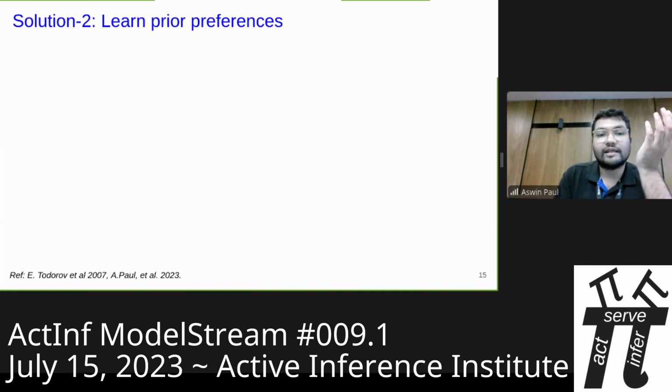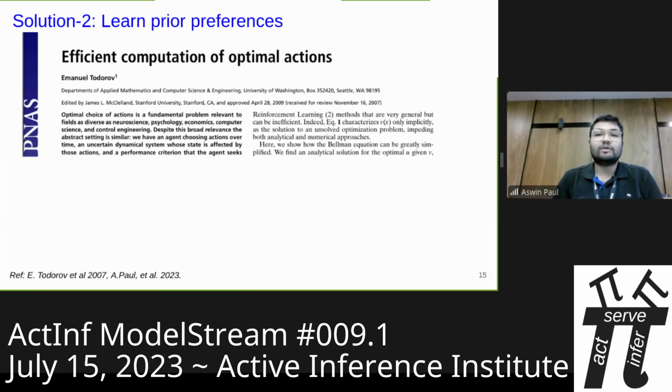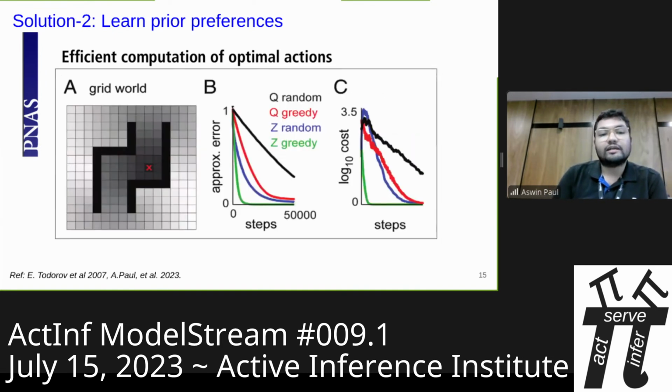But how do you learn it, right? So there is a seminal work from optimal control literature that talks about efficient computation of optimal actions. And in that work, there is a quantity similar to our prior preference, which is called the desirability function. So for example, in this grid world, here darker colors are more preferred.